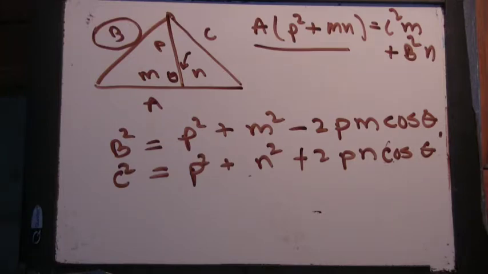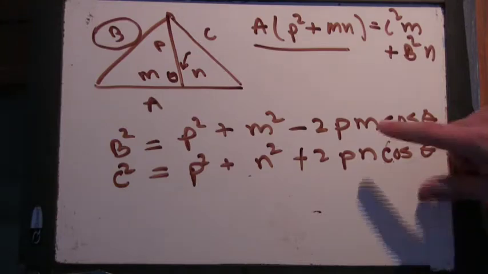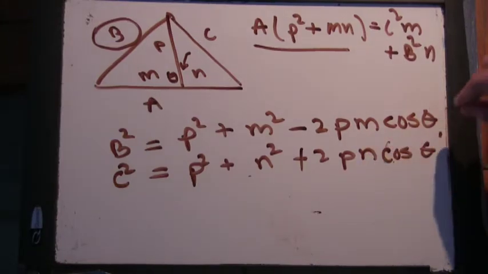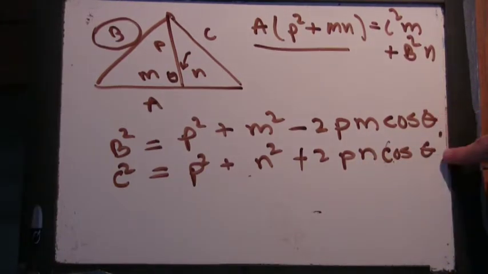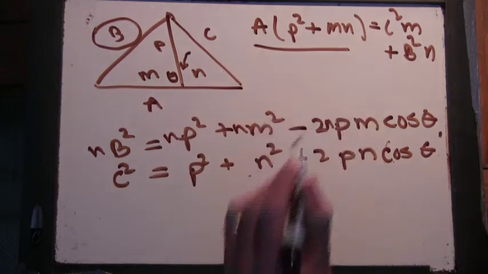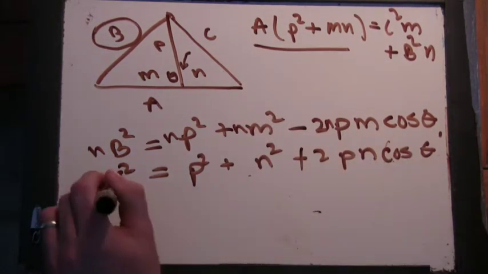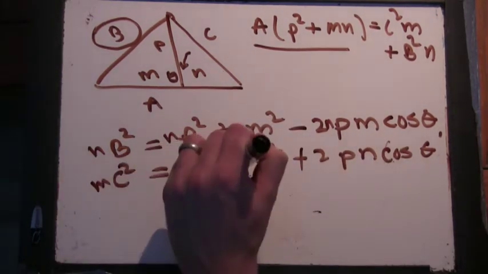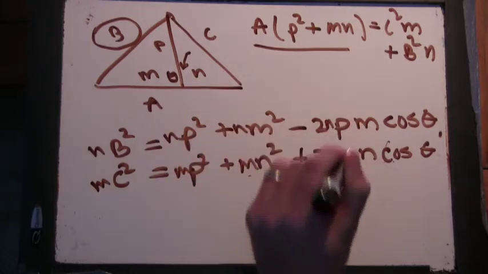I'm going to do something even simpler than that. I'm going to multiply this equation by n and multiply this equation by m. So I get n times b squared minus 2pn cosine theta, and then I get m times c squared plus 2pmn cosine theta.